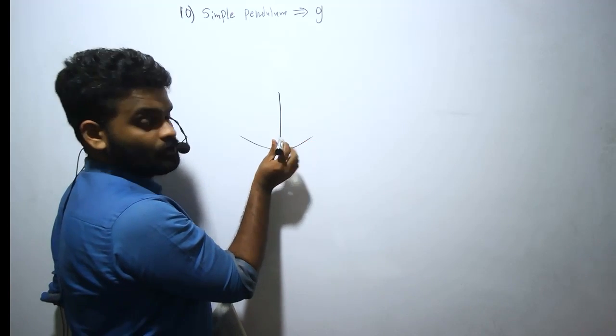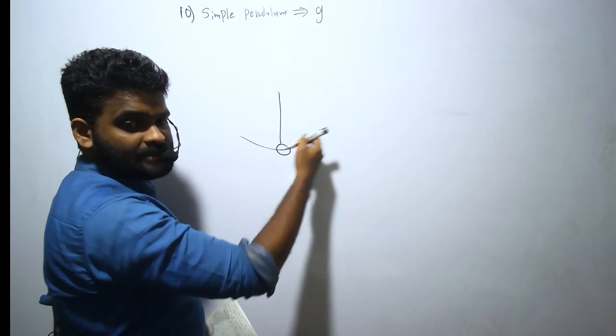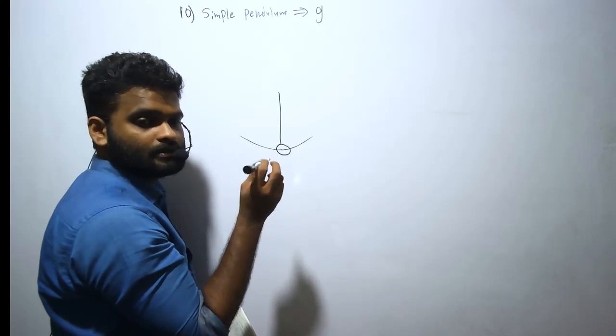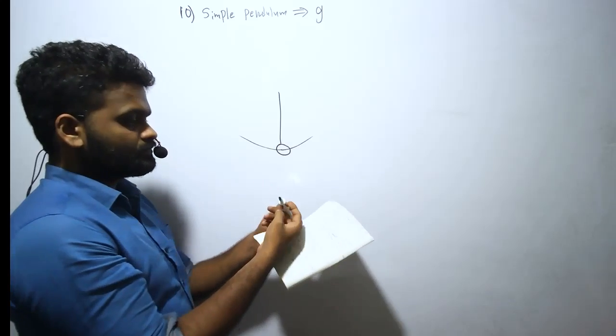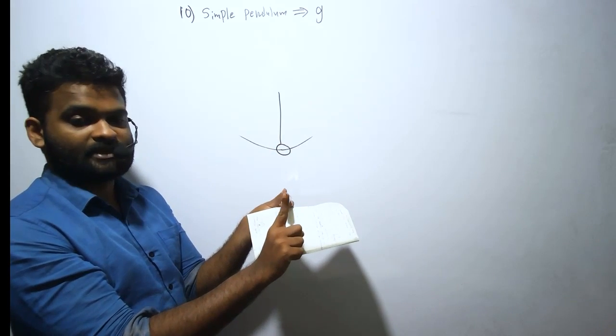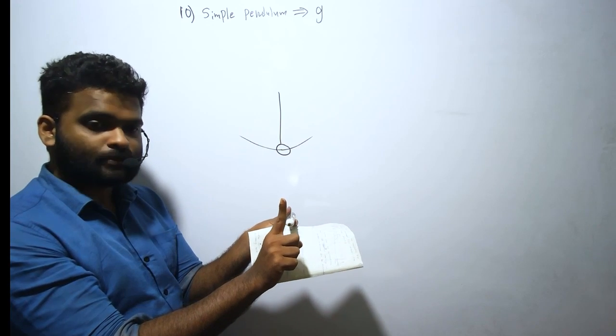Because if the locating pin is like this, you cannot clearly see whether the string passes the locating pin or not, right? So the string is here, and the locating pin should be behind and at the lowest possible point.